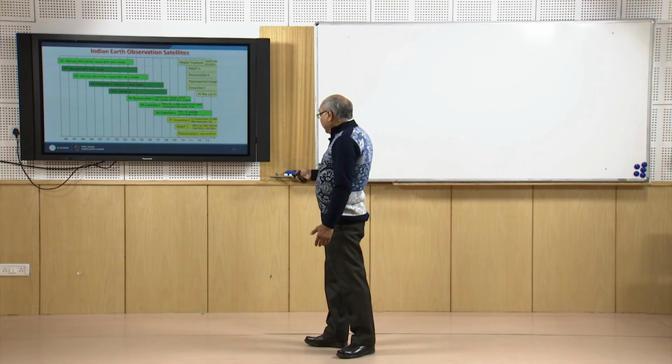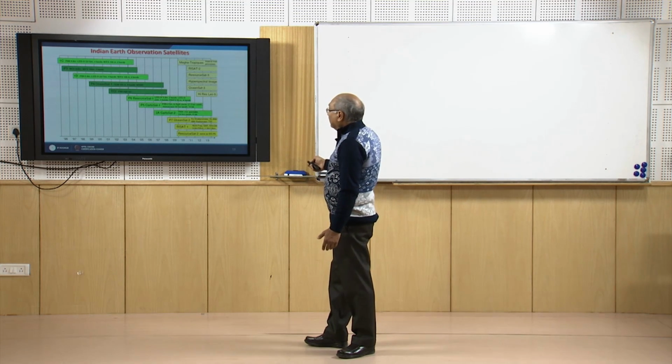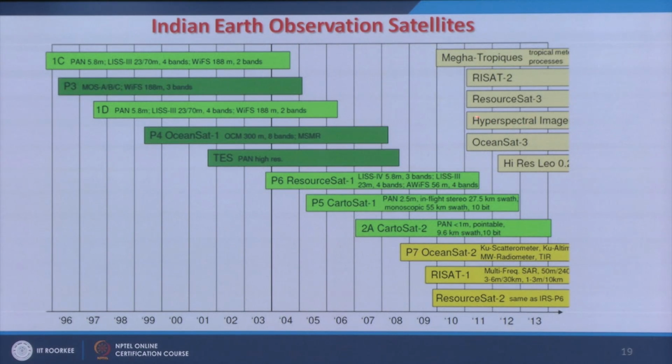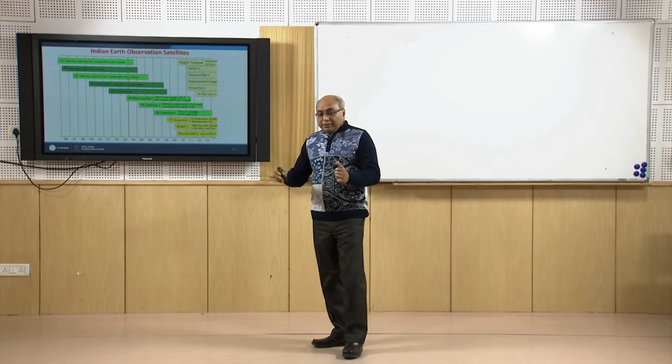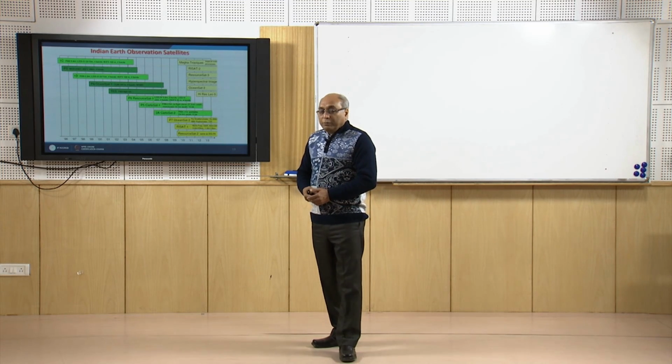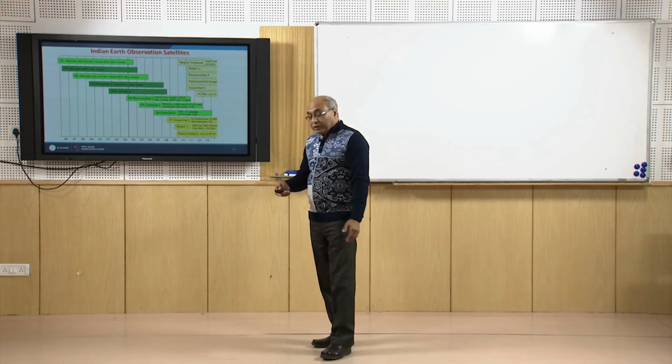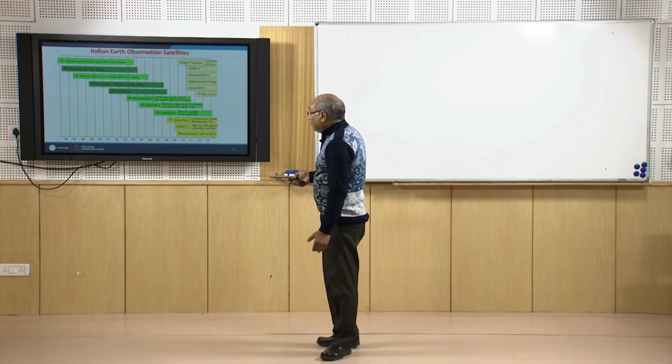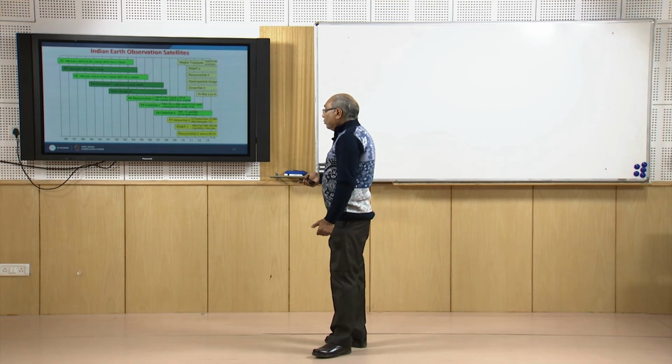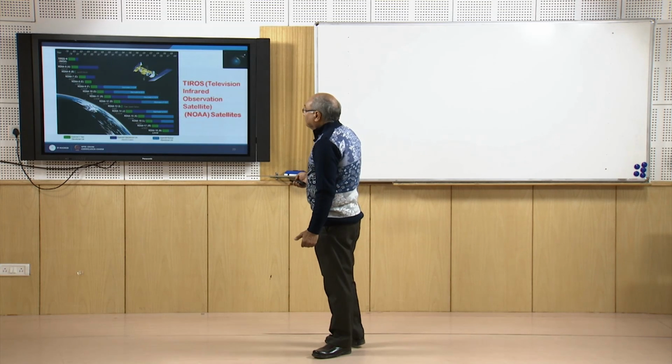The future is hyperspectral, meaning many more channels within the same atmospheric windows. So narrow channels, but many more of them, and the spectral resolution is going to improve significantly.